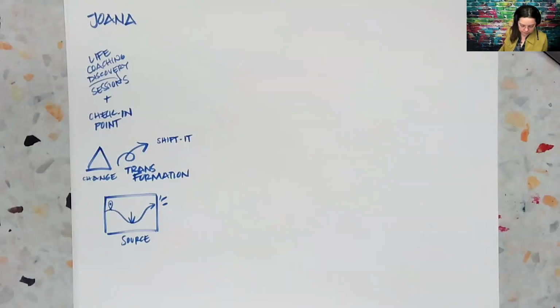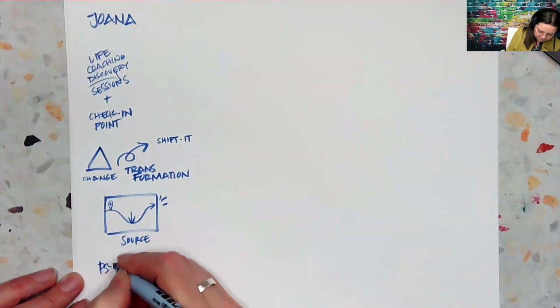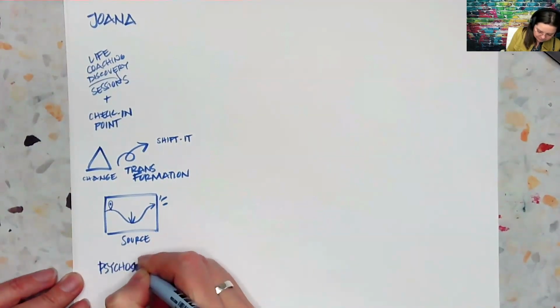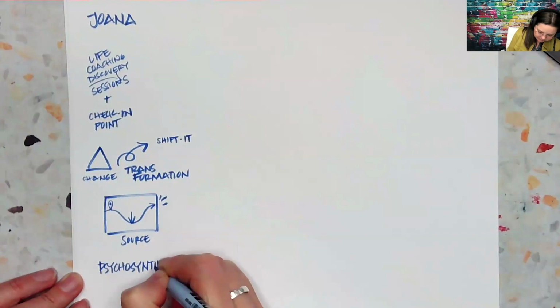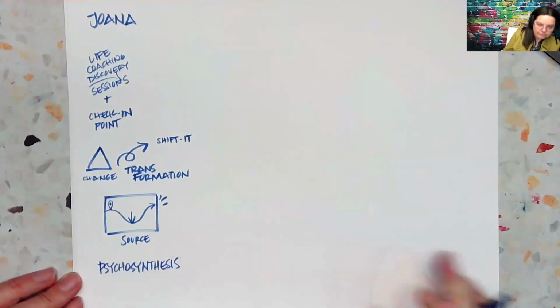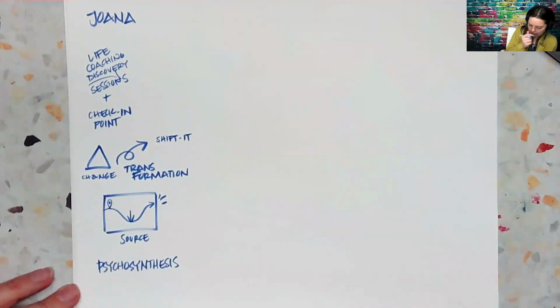Yeah, so I drew. Oh, good. Yay. So my coaching is based on psychosynthesis, which is a branch of transpersonal psychology. And the idea is that we focus on a purpose for our coaching together.